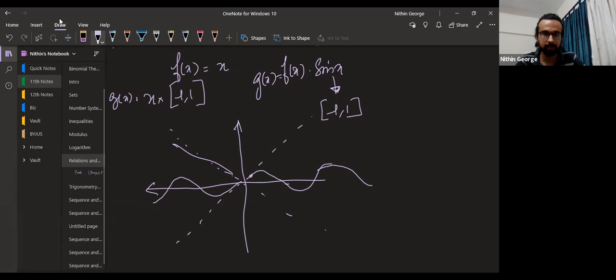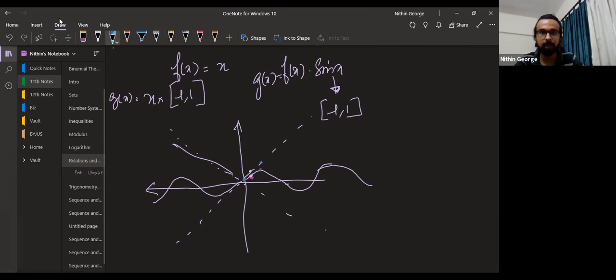So, suppose sin x was 0.5. So, x into 0.5 will be somewhere here, somewhere below this. Now, x is 0. Sin x is also 0. So, it will be here. X is pi by 2. Sin x is 1. So, what will the value be? Pi by 2 itself.